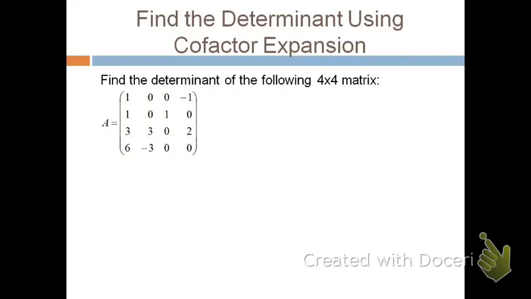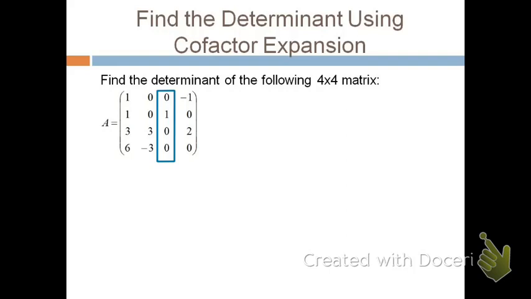When we did this before, we had 2 zeros, which got rid of 2 sets of values we had to multiply. But if I use this column, I actually have 3 zeros, which would leave me with only 1 determinant to find.